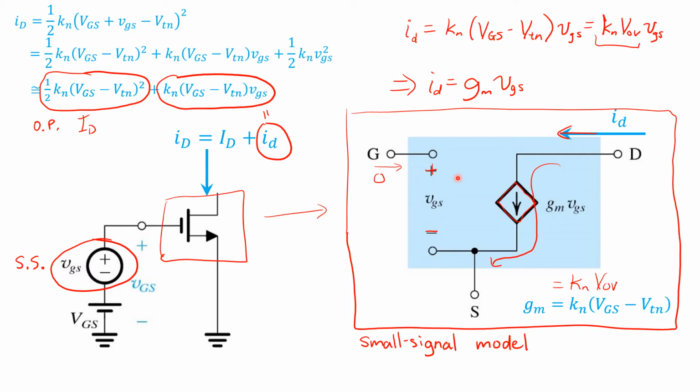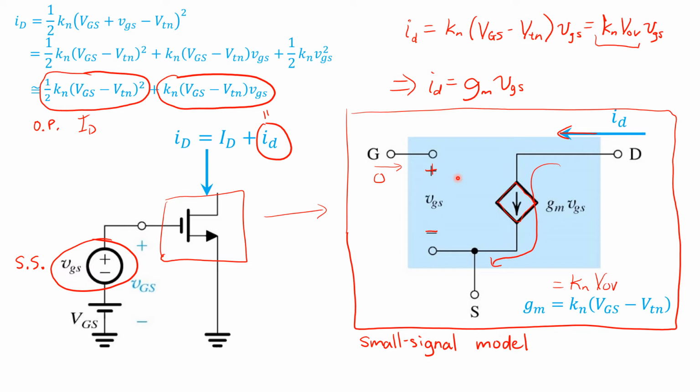I think an important point to keep in mind here is that this small signal model is just a pictorial representation, a schematic representation of the linearized equations that relate the quantities id and vgs. It's only to be used for the analysis of the small signal quantities in the circuit. It should never be used during operating point analysis.